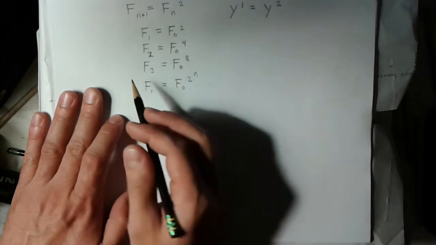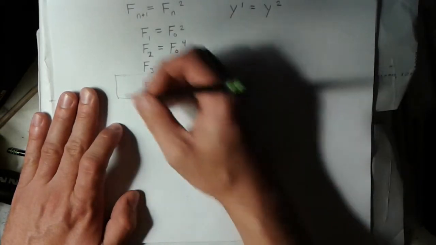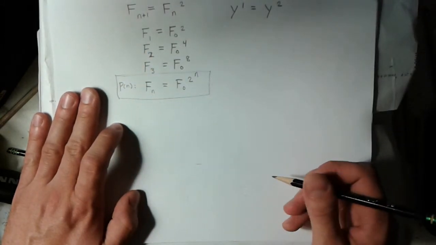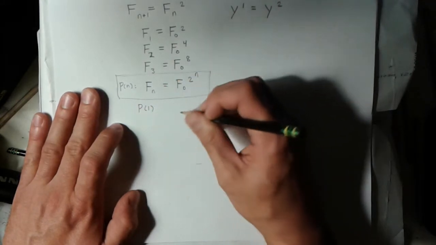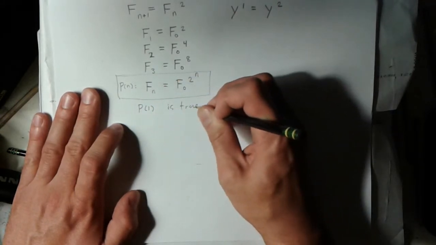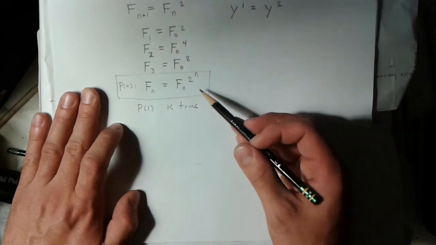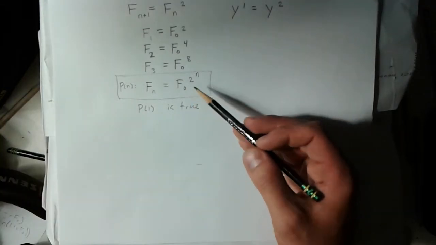And so this is the answer, and if you want to prove that this is correct, you just think of this thing as a statement. We've already proved that P1 is true because we know that f1 is equal to f0 squared. So if n is 1 here, then this is just f0 squared.